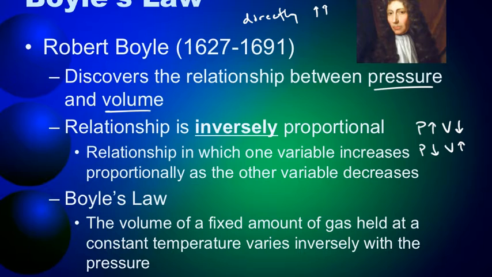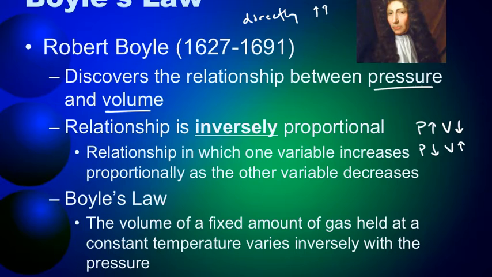Okay? He has nothing here about temperature, so his law is assuming constant temperature, which we'll talk about here in a moment. But he discovers this relationship between pressure and volume is inversely proportional. His law states this. We'll see it in mathematical form here in just a moment. The volume of a fixed amount of gas held at a constant temperature varies inversely with the pressure.